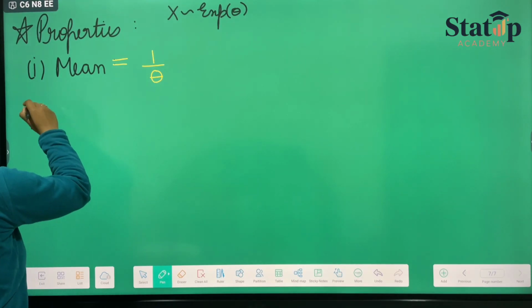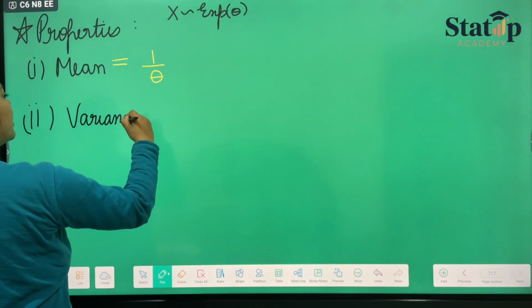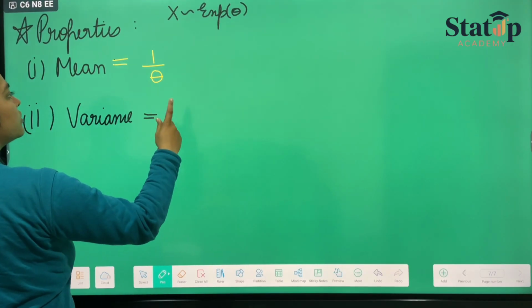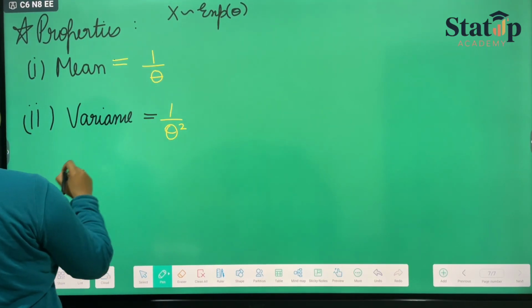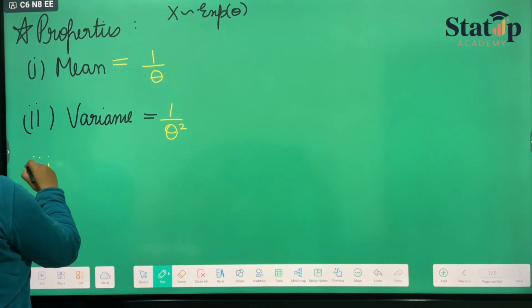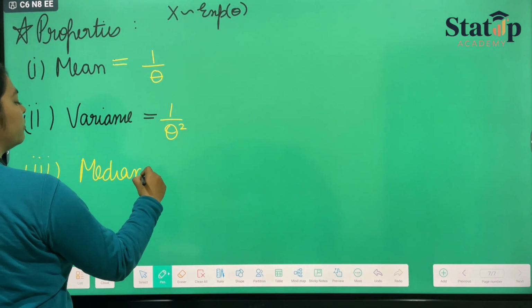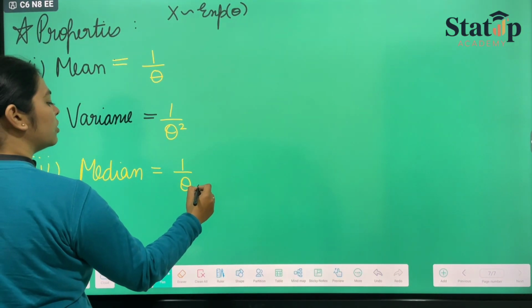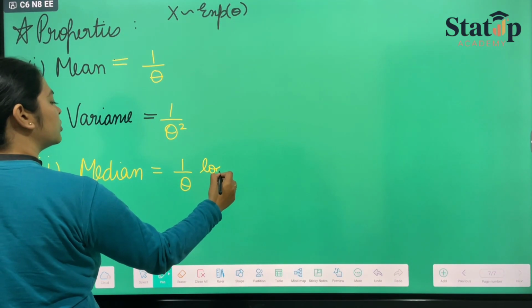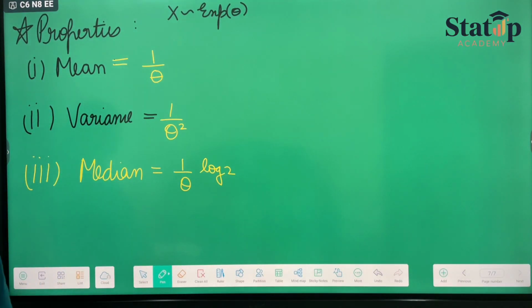The variance of x will be 1 upon theta square. Here the mean is not equal to the median, so the median has its own formula, which is 1 upon theta log 2. This is the formula for the median.